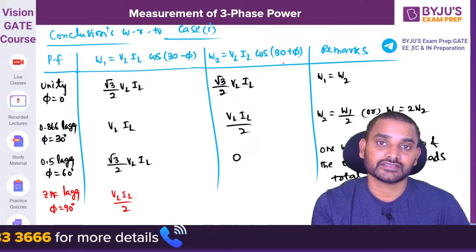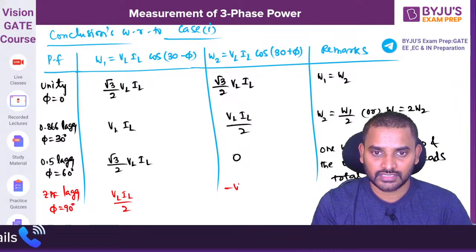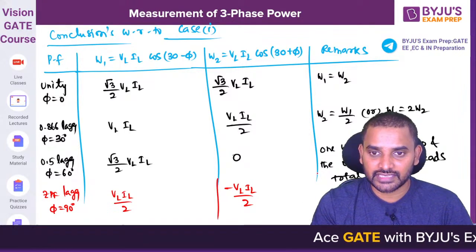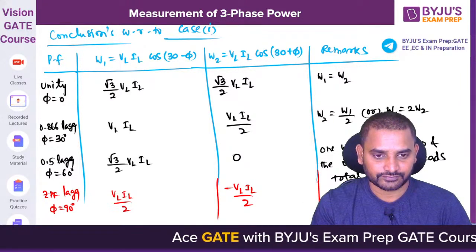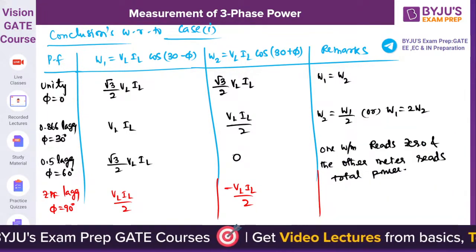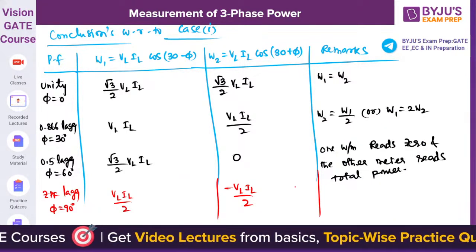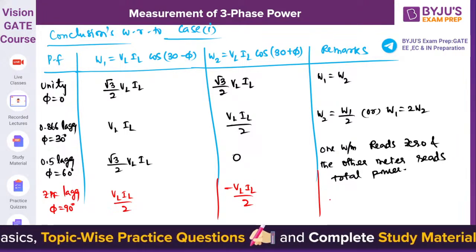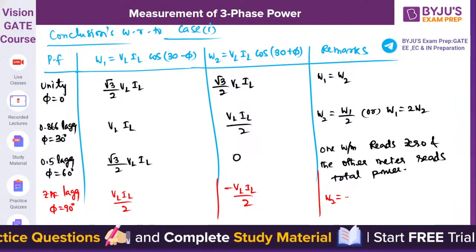Cos 120 will be minus, so you will get minus VLIL by 2. So at this point I can say both the wattmeters are equal and opposite. So W2 is equal to minus W1.